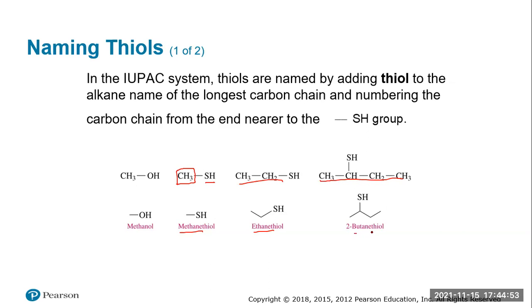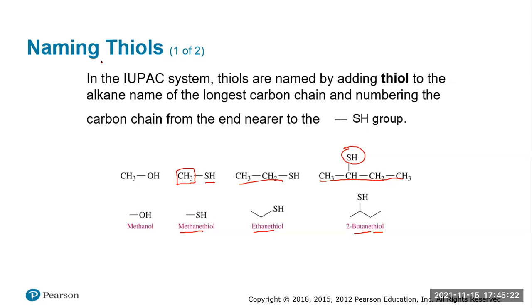The location of the SH here is carbon number 2. Just like an alcohol, there's more than 1 place where you could put it. We usually run into that at 3 or more carbons, and we have to give the number where the SH group is.